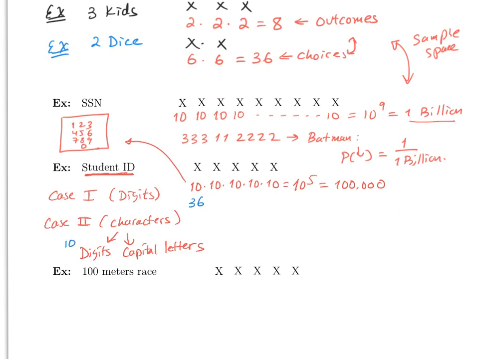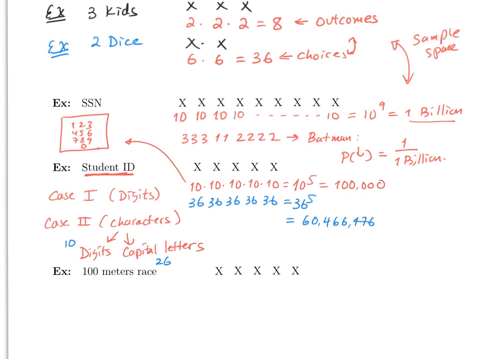Because you have 10 for this and 26 for this. So total is 36. So you'll have 36 every time. So it will be 36 to the 5th power, which is equal to a little bit more than 60 million.